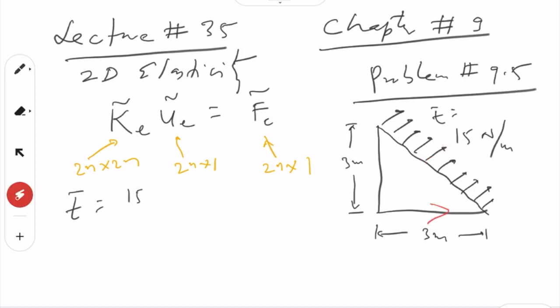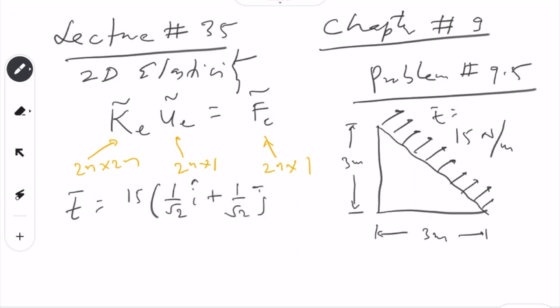This direction is basically 1 here, 1 here, so it will be 1 over root 2 i plus 1 over root 2 j. So T will also have the direction. That is what I mean to say. This is what is given.